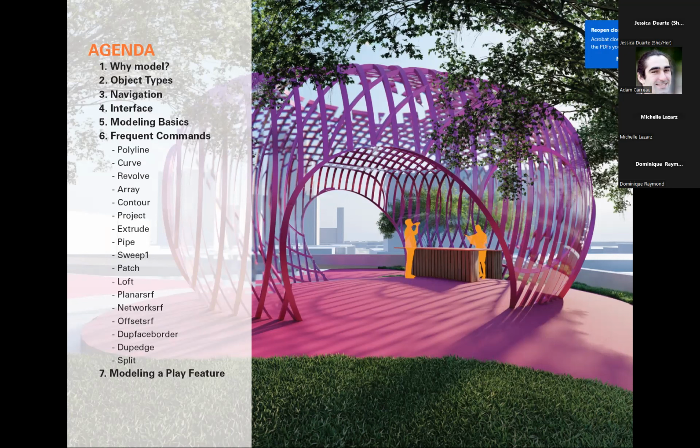Number 6 are some frequent commands that I find myself using all of the time. And if you want, you can take a snip or screenshot of that. And I always tell people to utilize YouTube. If you typed Rhino revolve into YouTube, you would have a great tutorial on how to use that command. And if we can get to it, we will model a play feature, but we'll see how far along we get today.